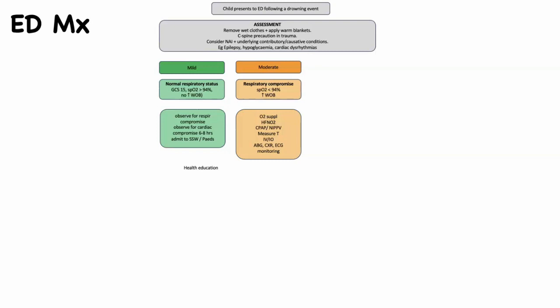These patients need obvious admission. You do need to look at the temperature. You're going to need to get IV access for them, chest X-ray, ECG, ABG, and they need to be admitted for monitoring on oxygen. Obviously, if they're on CPAP or NIV, they need to be admitted to a high care ICU environment. High flow nasal can be administered in a ward.